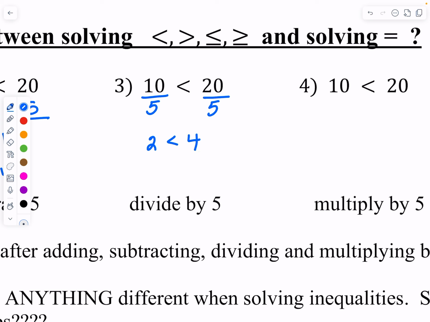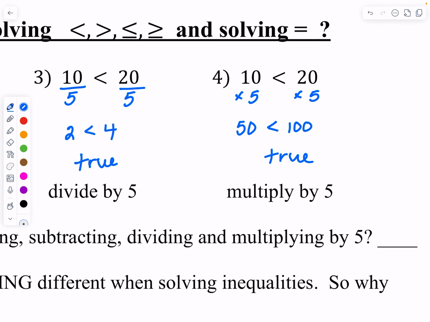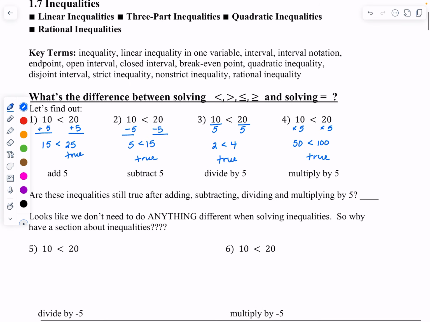When we divide 10 by 5 and 20 by 5. Again, that's true. So evidently we can divide. What about multiply? When we multiply 10 by 5, we get 50. Multiply 20 by 5, we get 100. 50 is less than 100. That's true. So right now, it looks like we can add, subtract, multiply, and divide, and they are all true.